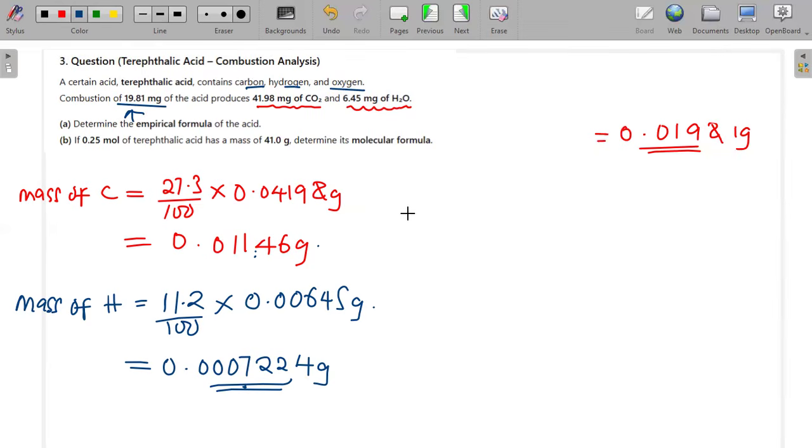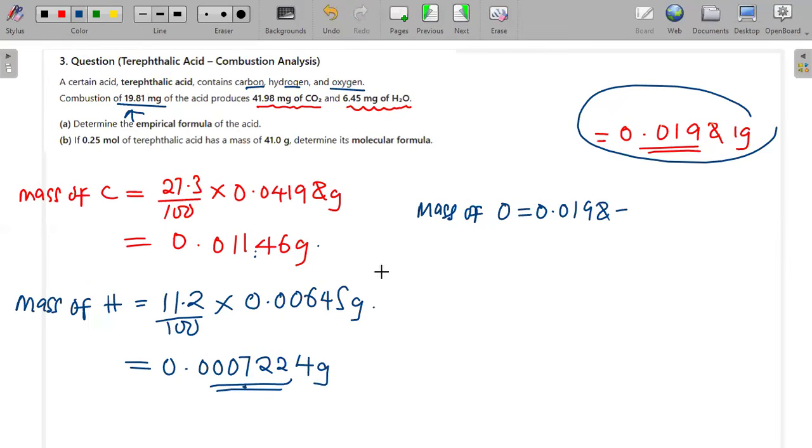So we're just going to say the mass of oxygen is equal to the total of the acid minus the sum of these two here. That would be 0.1164 plus 0.0007224.